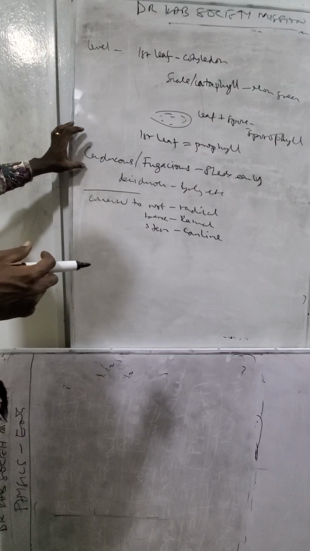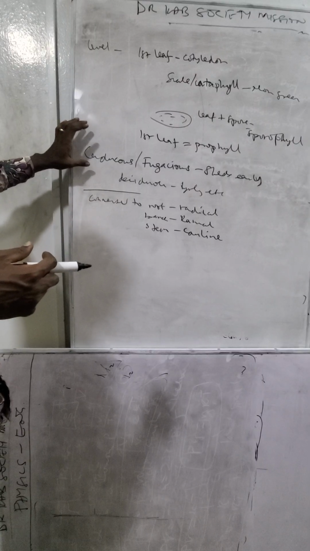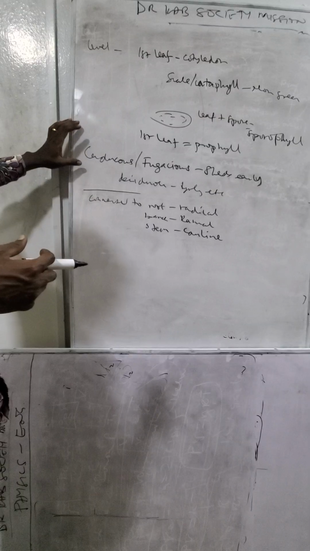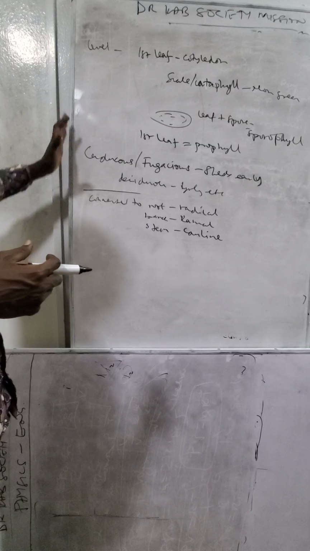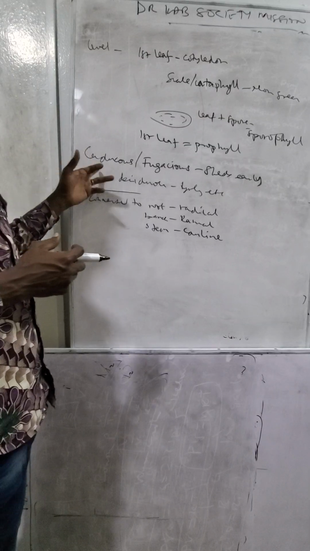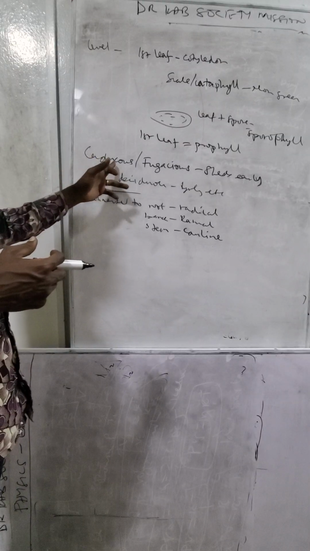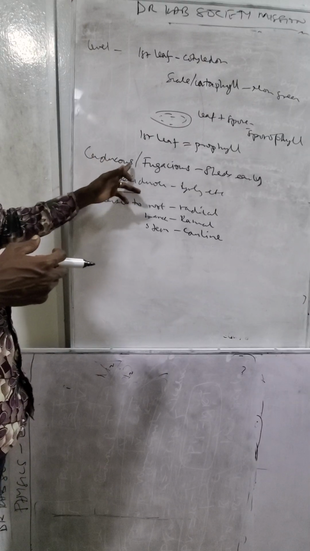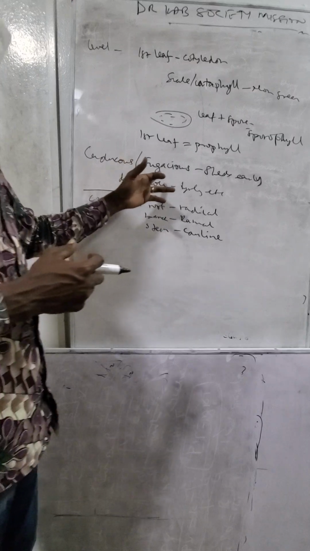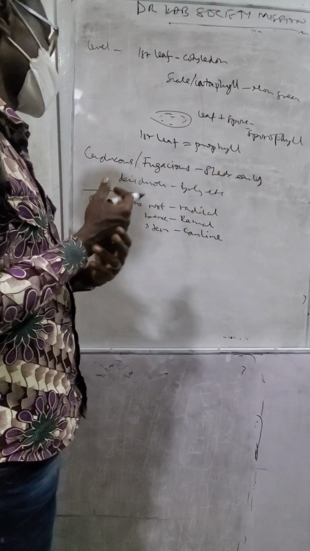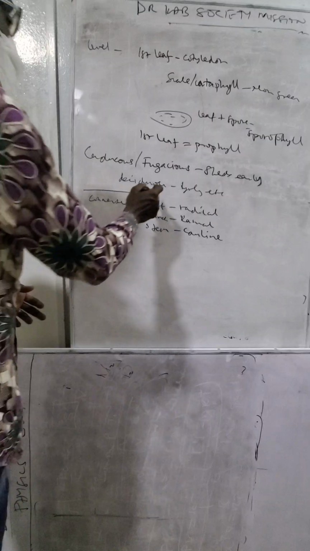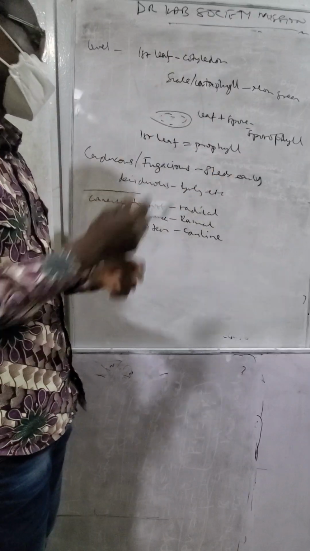Then we have some leaves which are shed off in the early part of the plant's life, and they are the caducous or fugacious leaves. And the deciduous will be yearly in that sense.